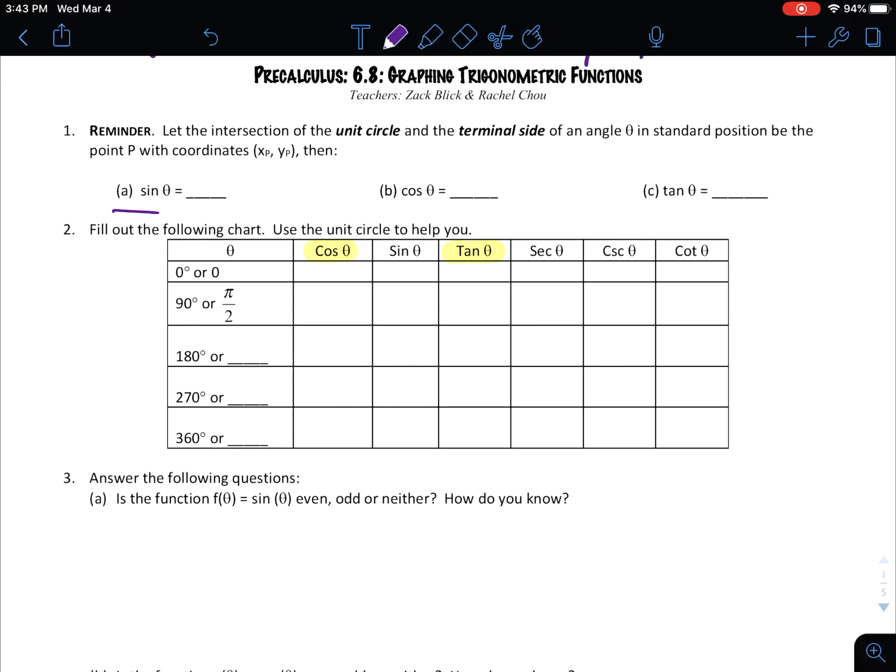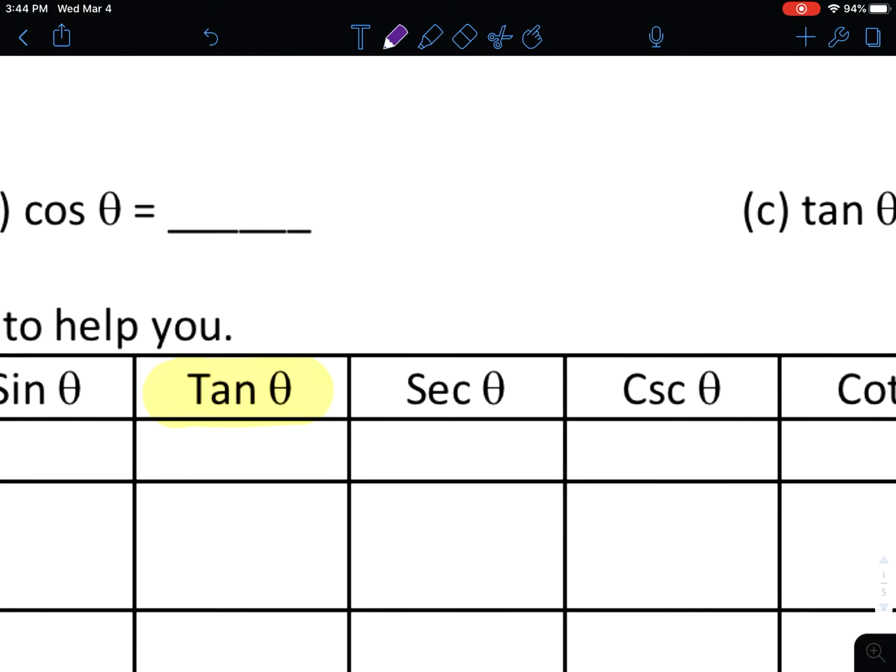Number 1, we are seeing here that the intersection of the unit circle and the terminal side of an angle, theta, in standard position, happens at the point P. The coordinate is xp, yp. Now, to visualize that, I'll zoom in a little bit here.